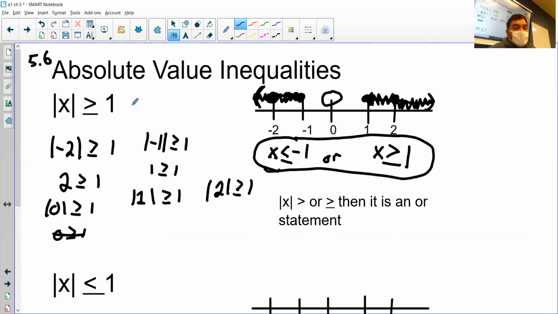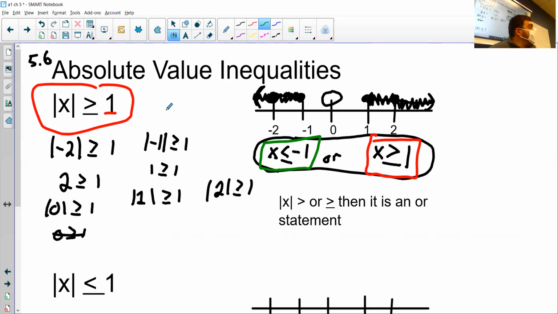And what's the number that we used? It happens to be the one here. So notice this part matches this part right here. X is greater than 1. Over here, this is kind of like before when we did the positive and negative version of the equation.